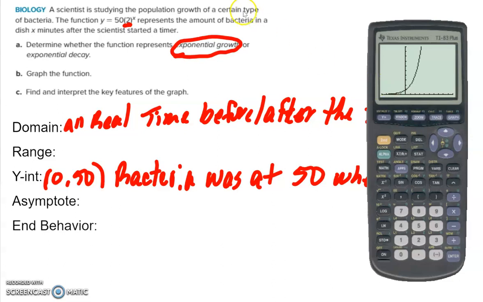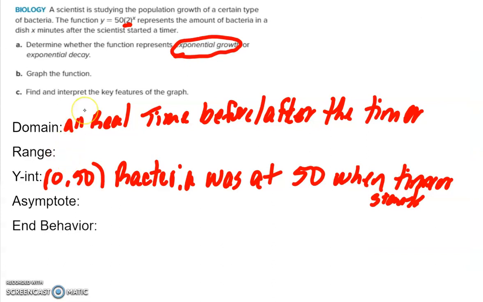So that would start at 50. So even though it can start at 50, the population can be below that, but it always has to be positive. And I can't have part of bacteria, it has to be a whole. So this is going to be all whole numbers.